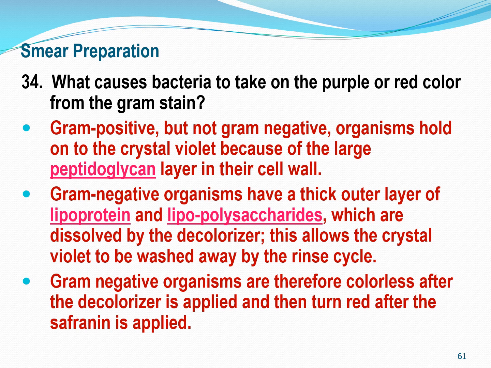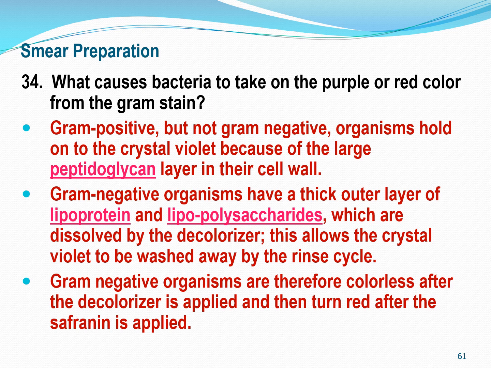Okay? So we understand that the gram-negative, because they have that lipoprotein and that lipopolysaccharide, that decolorizer is able to dissolve that, and then the crystal violet washes away in the rinse cycle, because we rinse between each step, right?